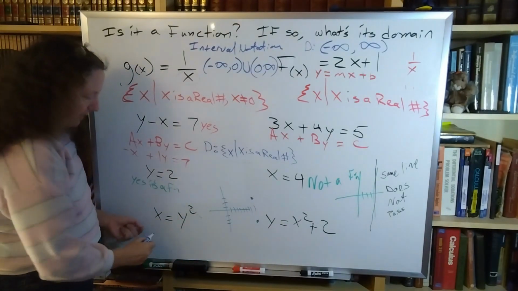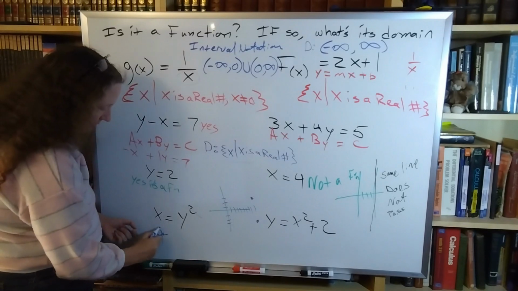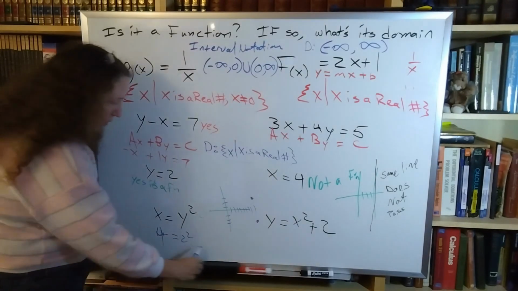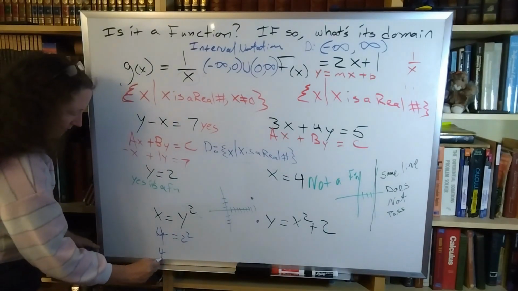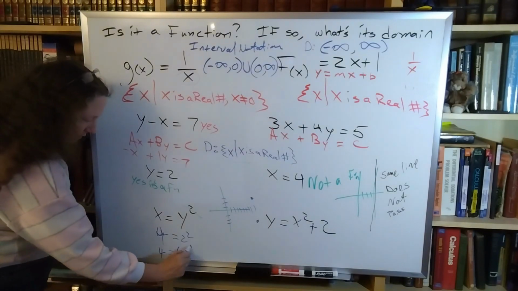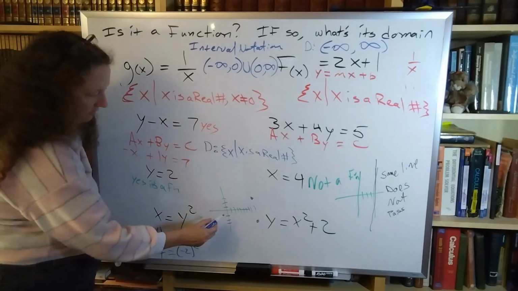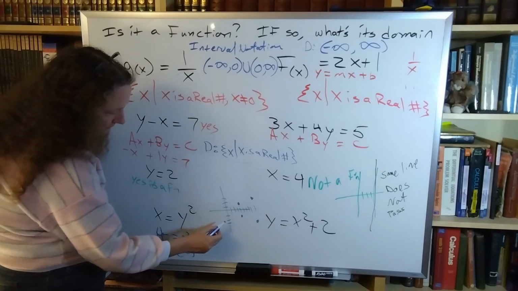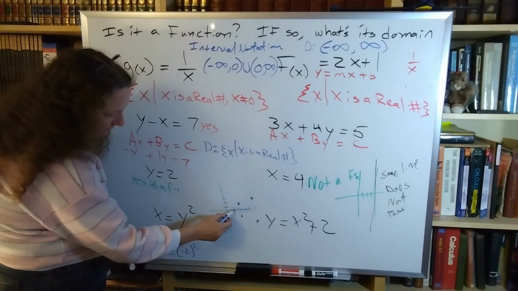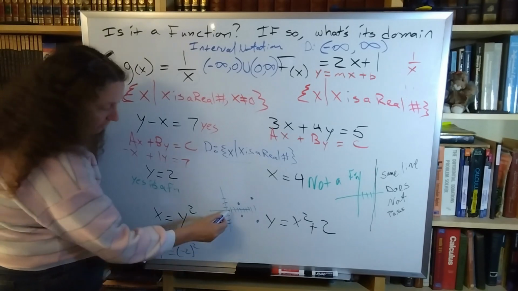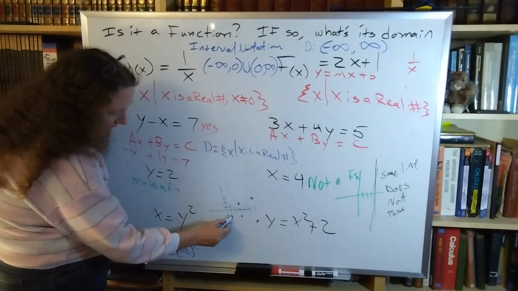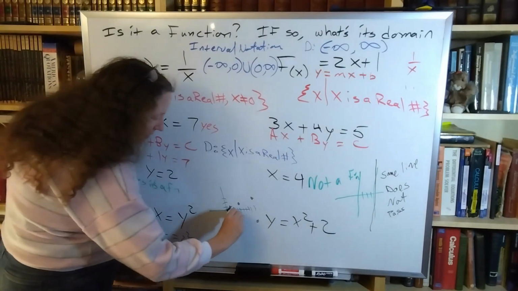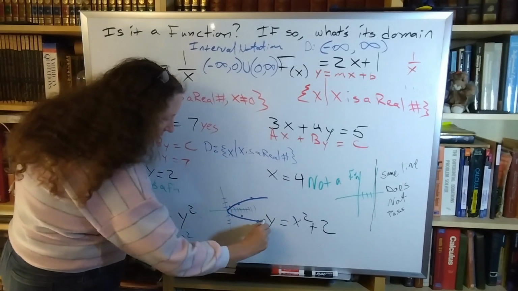If I use 4 for x, 4 can be either 2 squared, or 4 can be negative 2 squared. So if I have 4, I get there, and I get there. And if I have 1, that can be 1 squared or negative 1 squared. So there, and there, and then there's 0. So the graph of this one is going up like that and down like that.